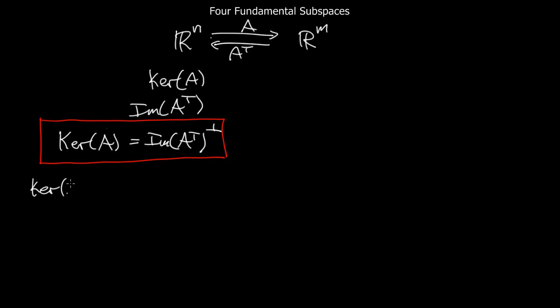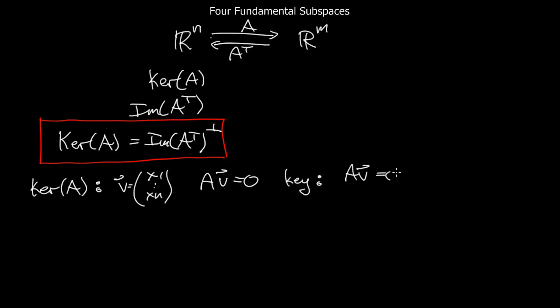Okay, so here once again is our picture. Let's see, the kernel of A is these n vectors v such that Av is equal to 0. And now here's the key idea. Av is equal to 0. Well, that's if and only if you take this vector Av and dot it with any vector in R^m and you get 0.